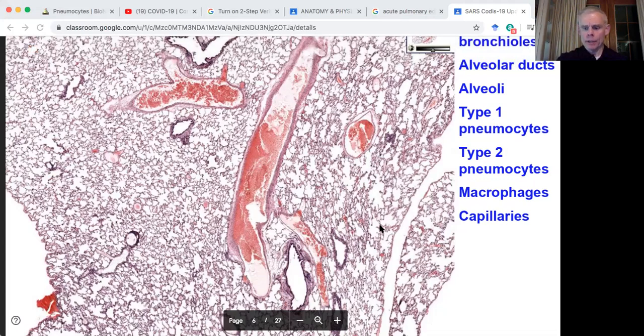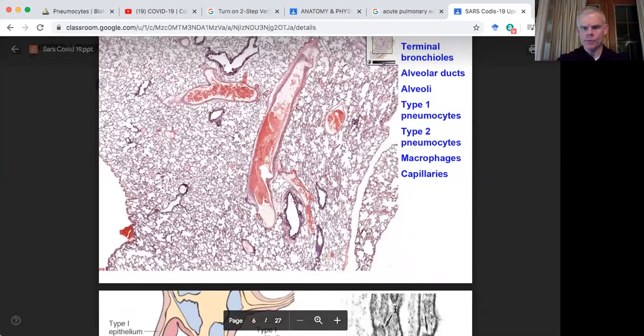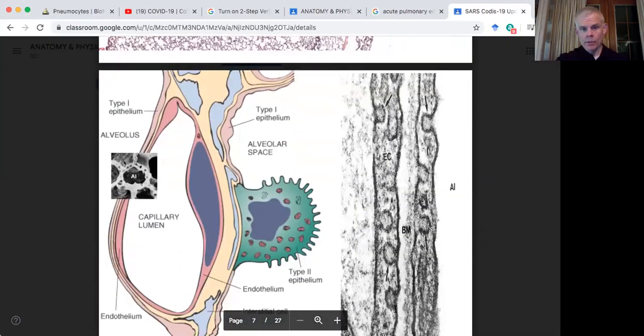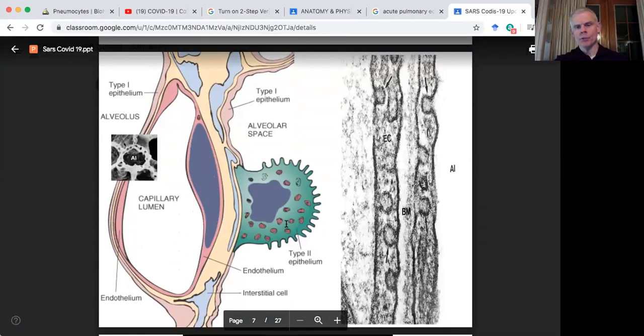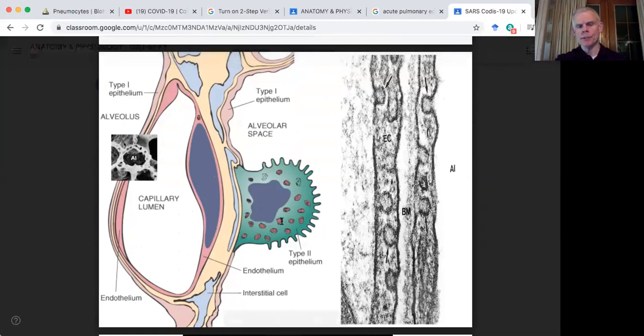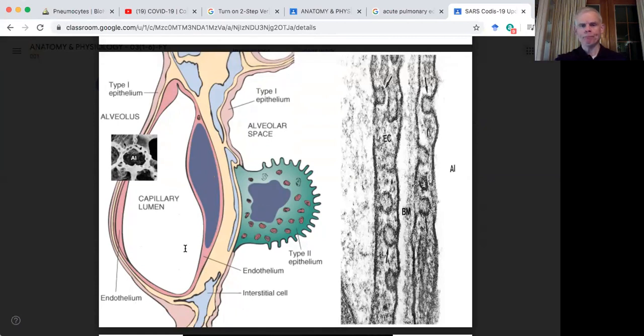So if you would, with me, let's go back down in magnification and now screen down. This was an artist's rendering of our type 2 pneumocyte in its relationship to the alveolar airspace, and here sits our capillary lumen.